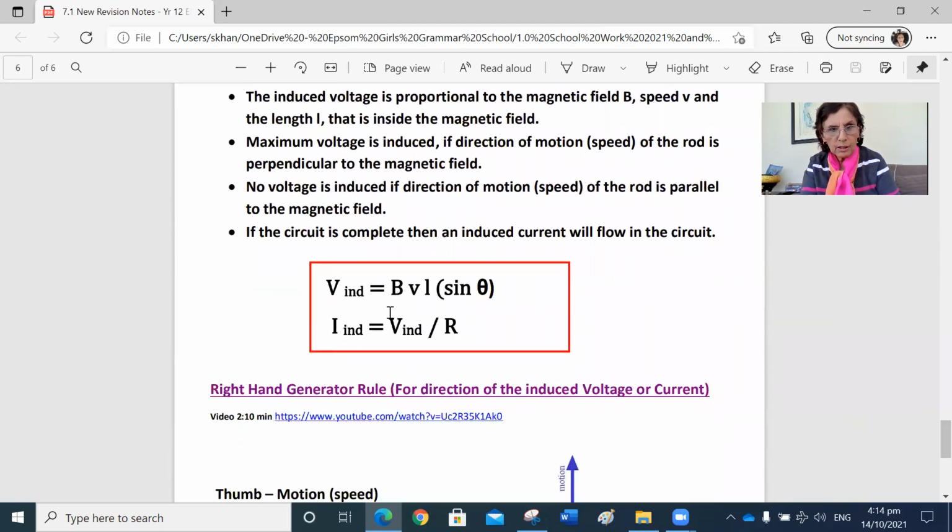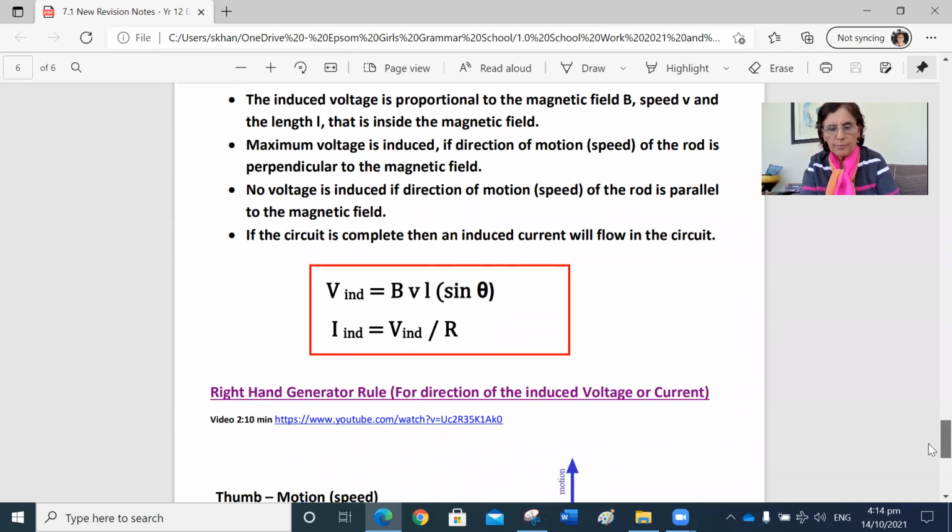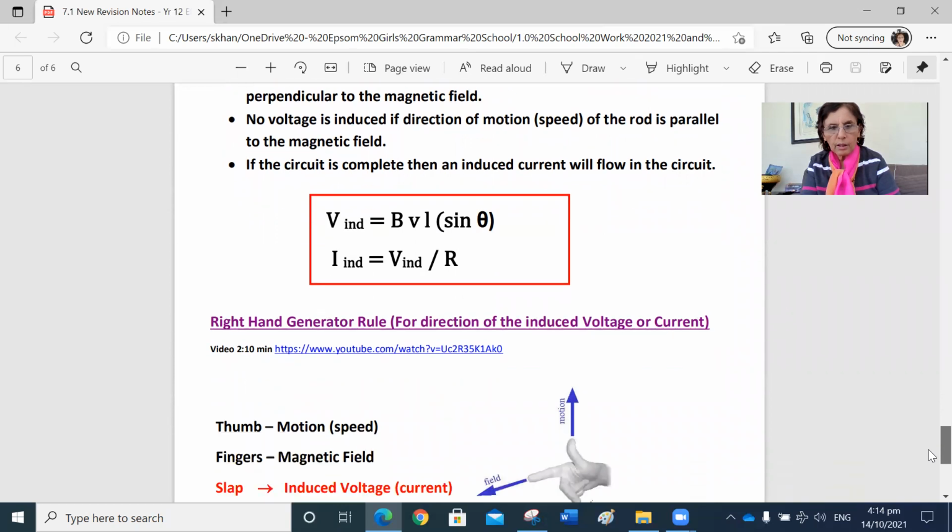So the formula is BVL, with maximum voltage if V and the magnetic field are at a 90 degree angle, and 0 if they are parallel. If there's a voltage induced, we can calculate the voltage, then the current will be V induced divided by resistance.